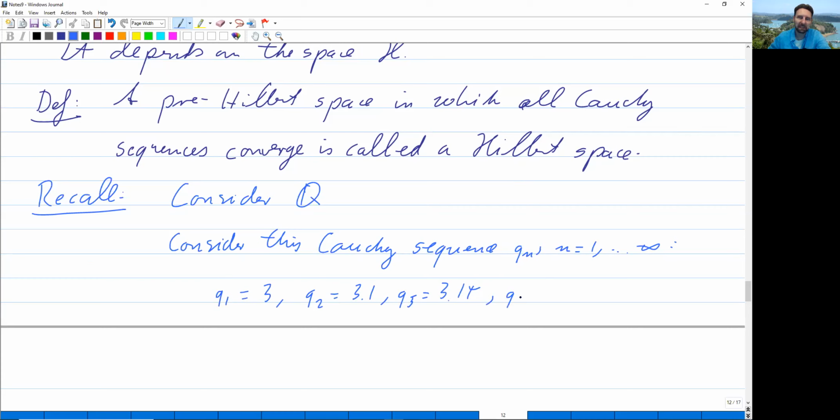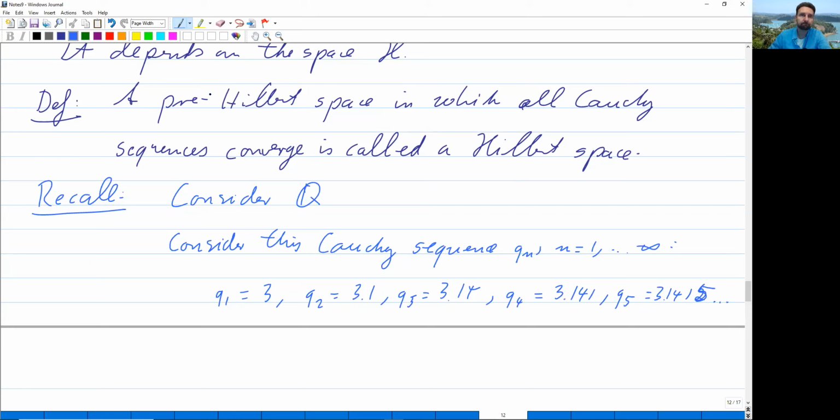You might be seeing where this is going. Q4 is equal to 3.141, and then Q5 is equal to 3.1415. Sorry, yes, actually I know 50 digits, but I made a mistake at the fourth. Anyway, it goes on like this.